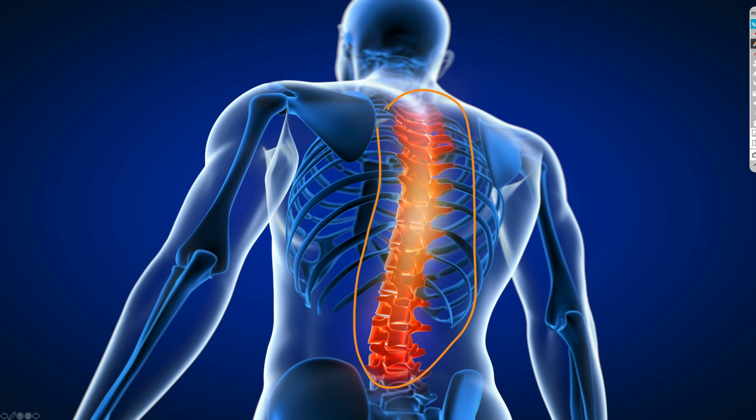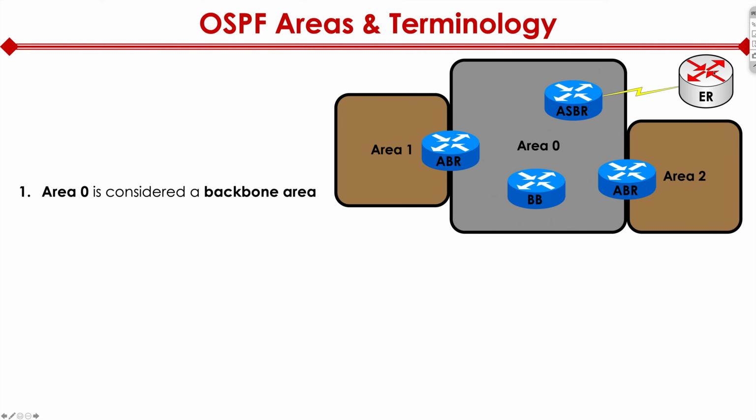We have a backbone that connects to all the different limbs in our body, and all the signals are processed through our central nervous system and carried through our backbone to the brain. Our backbone is the key to connecting the entire body together, and that's exactly what OSPF Area 0 does for us. It's the backbone of the entire network.